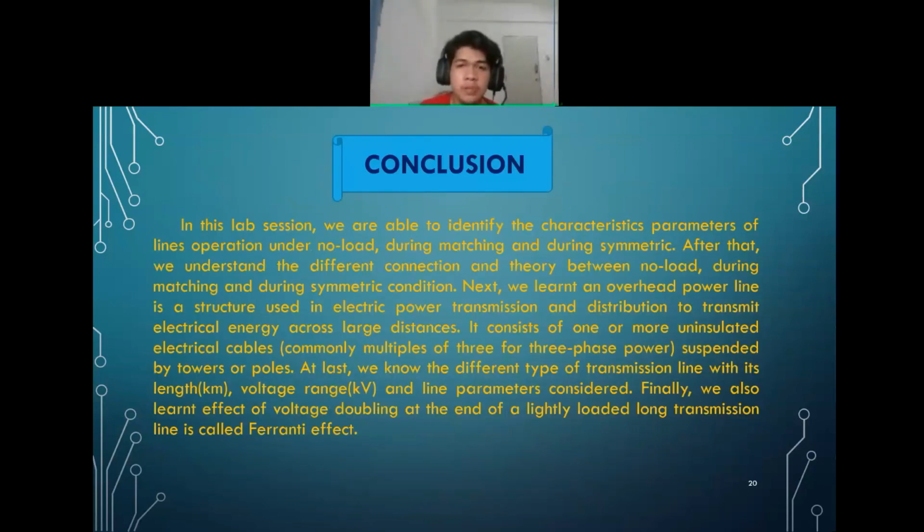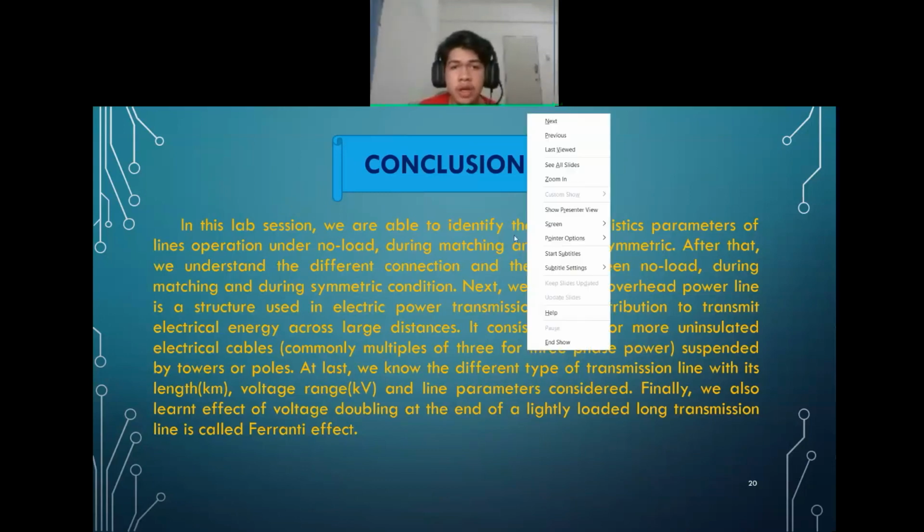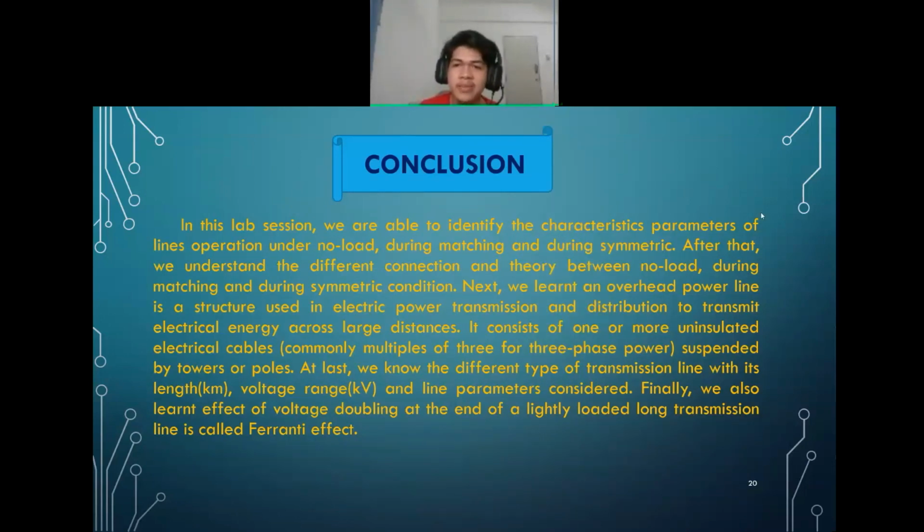Lastly, the conclusion. In this session, we are able to identify the characteristic parameters of line operation under load during matching and during mismatching. After that, we understand the different connection and theory of no load during matching and during mismatching conditions. Next, we learn an overhead power line is a structure used in electric power transmission and distribution to carry electrical energy over long distances. It consists of one or more uninsulated electrical cables, commonly multiples of 3 for three phase power, suspended by towers or poles.